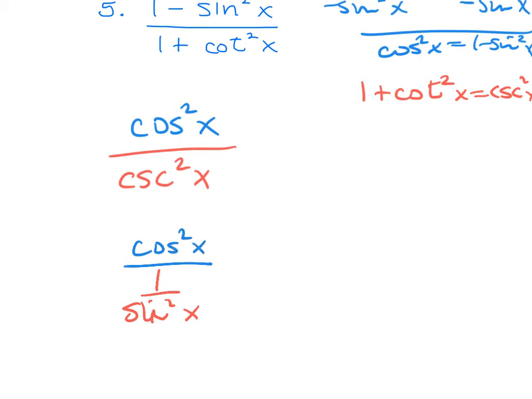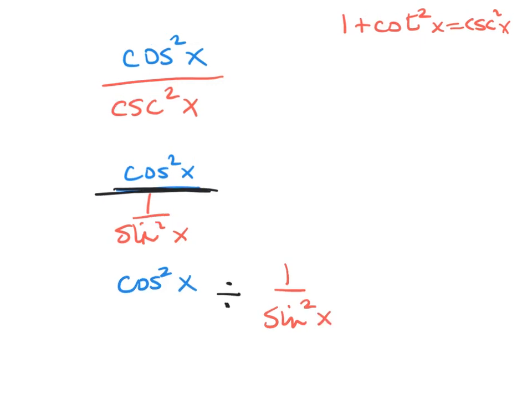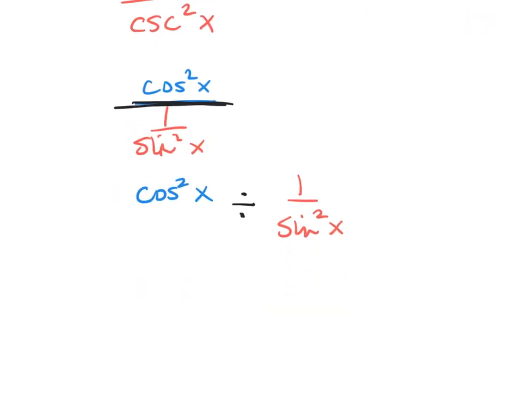Now, remember, this fraction bar means division. So what we're doing here is cosine squared x divided by 1 over sine squared x. I've got to do a keep, flip, change. So this becomes cosine squared x times sine squared x, and I'm done.